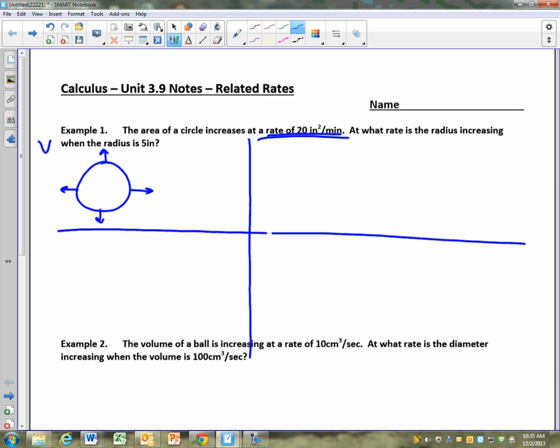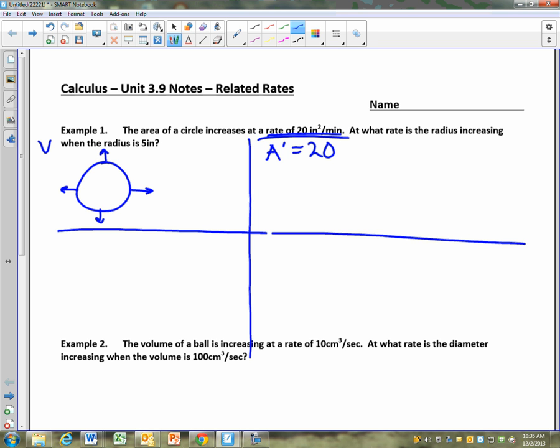So, I'm going to write down some formulas and some given pieces over here, but you know that the derivative, so A prime, the derivative of the area, is equal to 20. The question is, at what rate is the radius increasing?